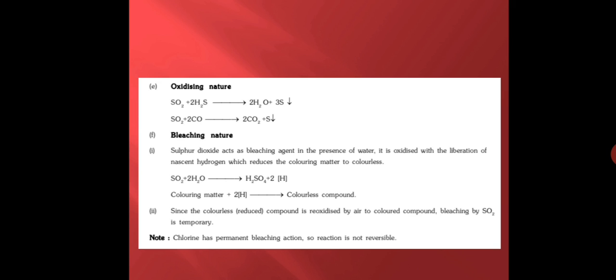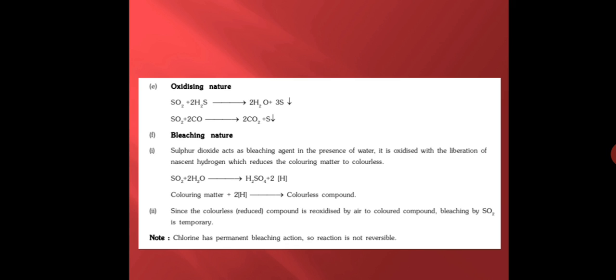It is this liberation of nascent hydrogen which brings about the bleaching. Sulfur dioxide reacts with water, forming sulfuric acid and two nascent hydrogen. These nascent hydrogen combine with coloring matter to form a colorless compound.